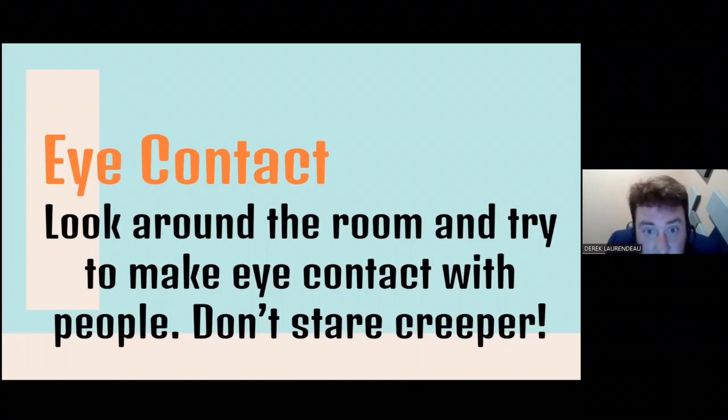And you don't want to, while you're in front of a crowd, it's going to distract your audience and it's probably going to make whoever you're staring at very uncomfortable. It could also potentially cause you to lose your train of thought and not be able to complete your sentence, which would be bad. So scan the room, make eye contact with several people. Try to hold that eye contact for maybe a second or 2 seconds and then move to the next person.